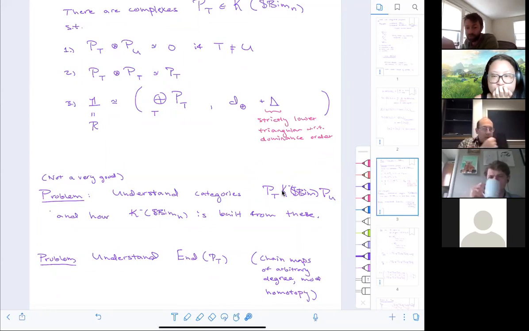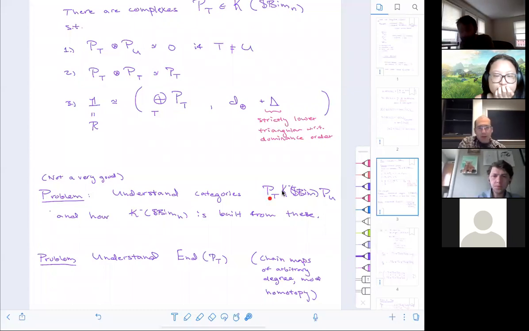One of the reasons why it's not entirely trivial is because these projectors can have endomorphisms. So one of the basic problems is to understand the endomorphism rings of these projectors. Okay, so this is the basic problem that we'd like to understand.